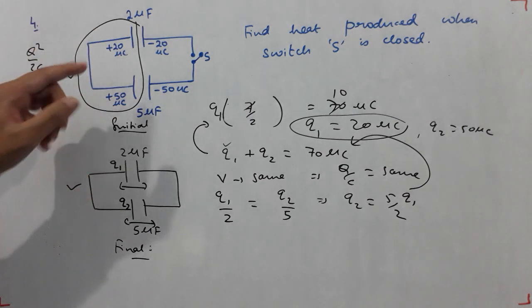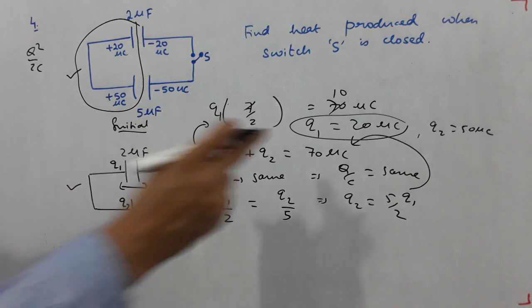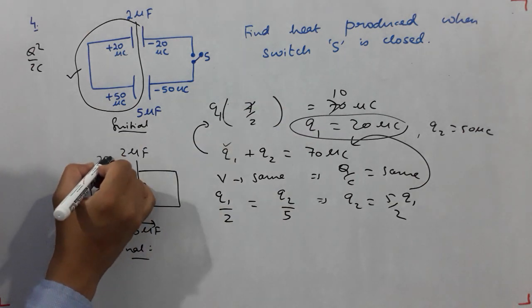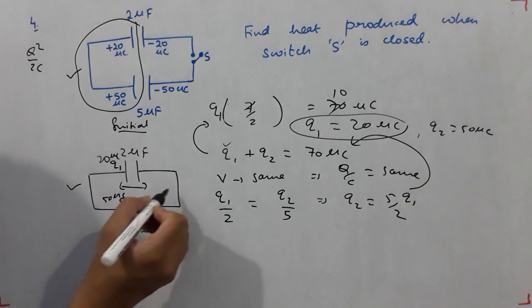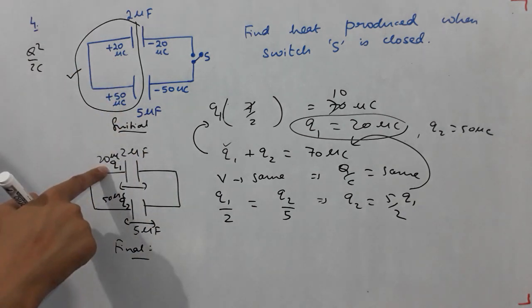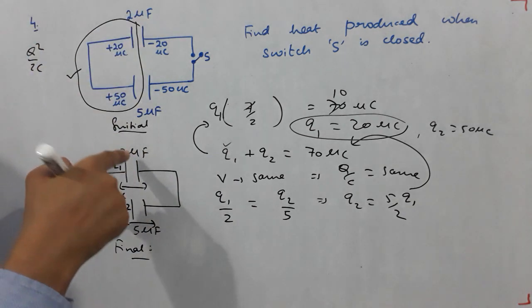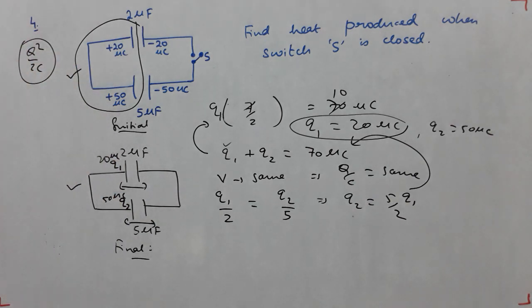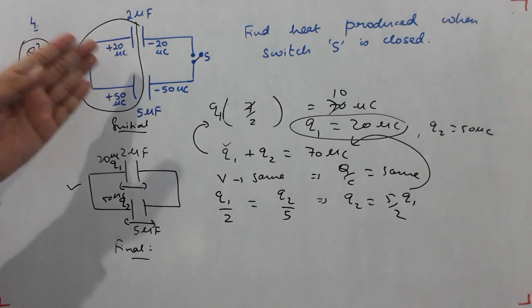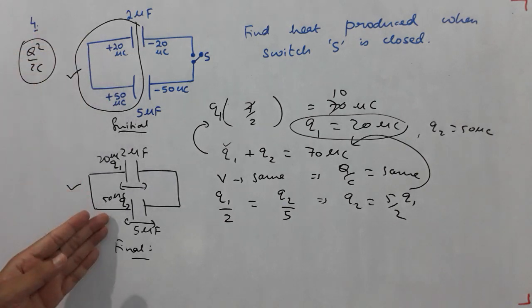Charges remained as such, 20 remained as 20. Are you understanding this? Even after closing the switch, the charges remain the same, the capacitances remain the same. Therefore, whatever value you get for Q squared by 2C in the initial case, the same value you will get in the final case.